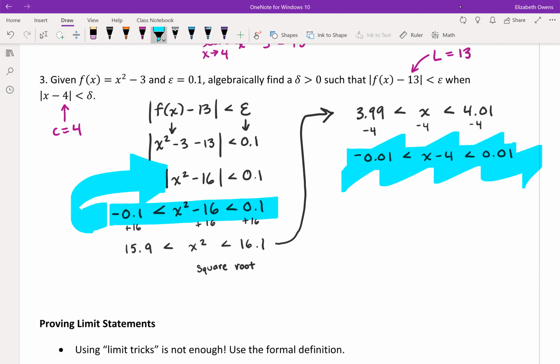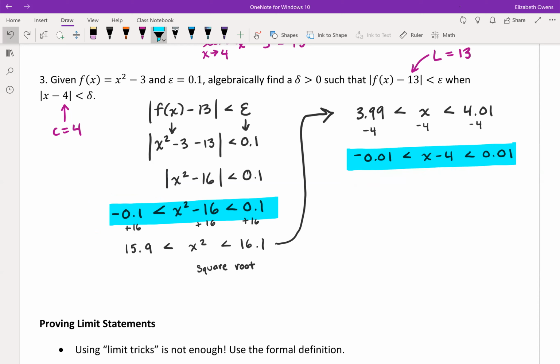We can turn it back into an absolute value, that would mean that the absolute value of x minus 4 is less than 0.01.